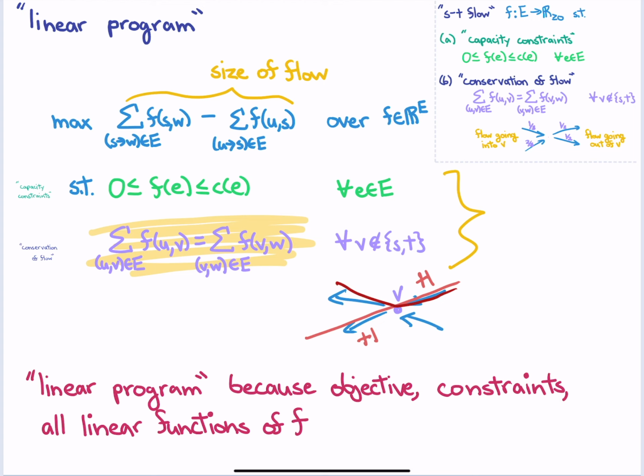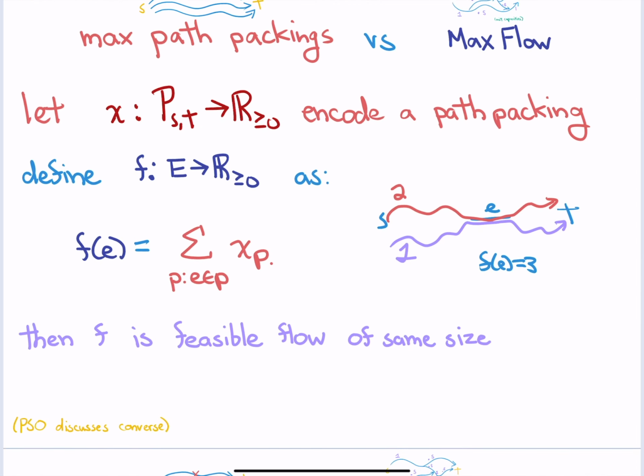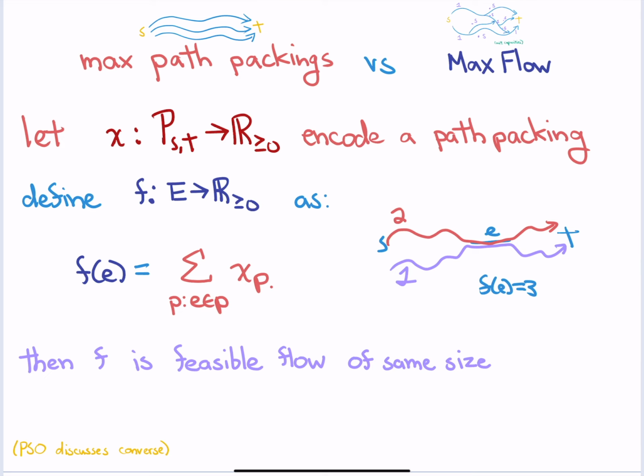So the way it's adding up, it's always balancing the equation automatically. All right, nothing too complicated. But in this natural way of converting any path packing to a flow, you get a feasible flow, one that satisfies conservation of flow and satisfies the capacity constraints.